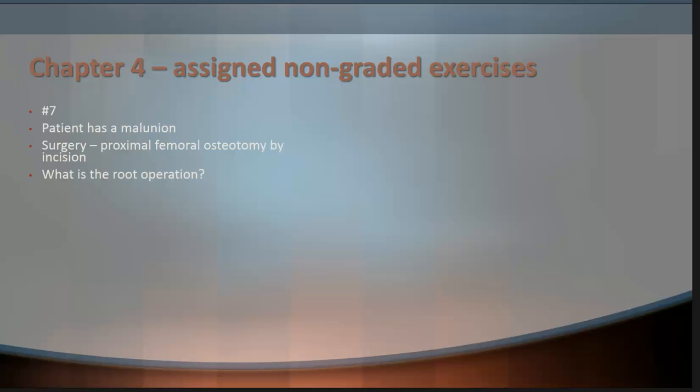So this patient had a fracture of the hip that did not heal properly. They have a malunion, and they're going to fix this malunion by making an incision into the bone, called an osteotomy.